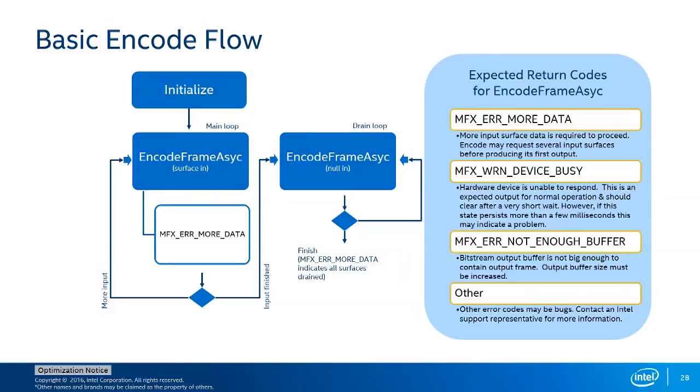So you'll probably need to loop over the operations multiple times to go through the states. So the outputs indicate the action you need to take. Seeing an error doesn't necessarily mean there's something wrong with the program. It just means that something is required from the application, from the developer. So here with ENCODE, more input is required to process the frame if you see that output.